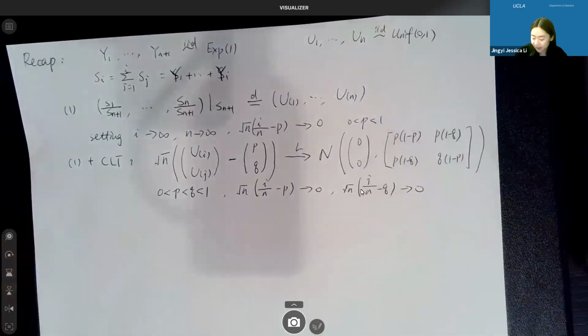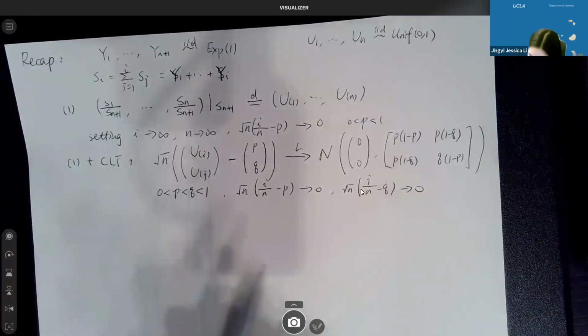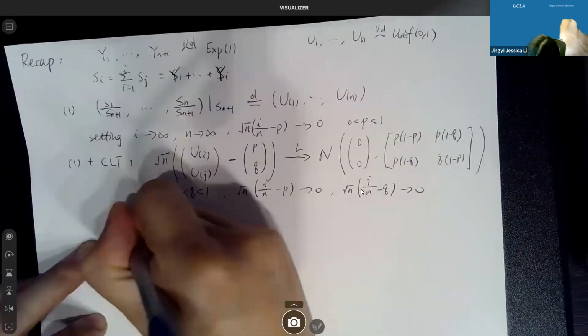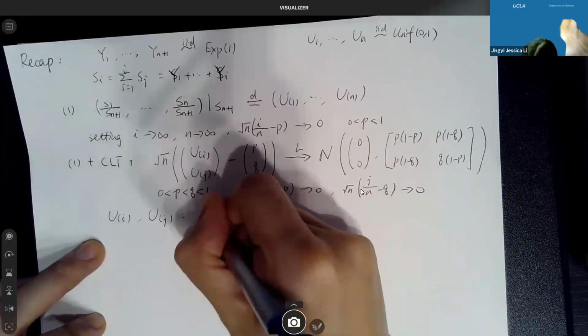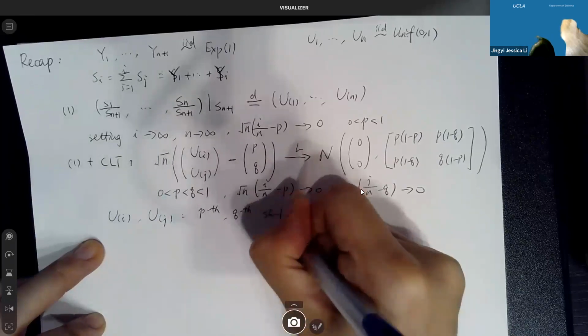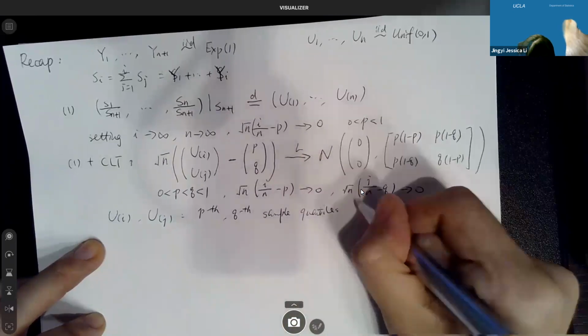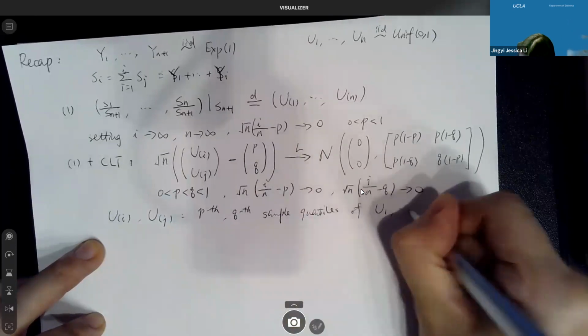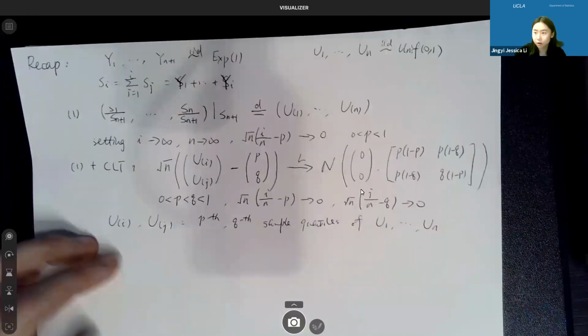Therefore, i over n and j over n are approximating p and q respectively. So Ui and Uj are the pth and qth sample quantiles of this sample U1 to Un. This result is our starting point.